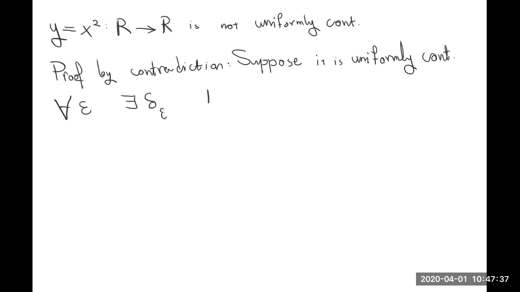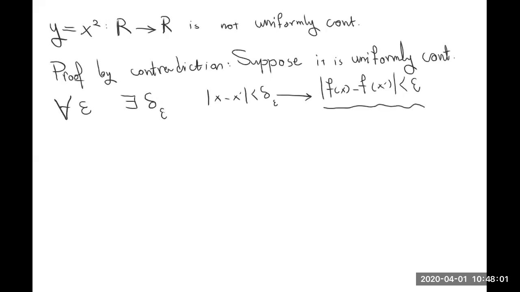Such that for any two points, x and x prime, which are closer, their difference is less than delta epsilon, the value of f for these two is less than epsilon. Okay. So let's rewrite this.